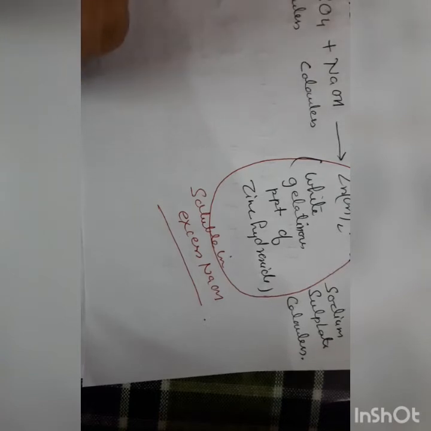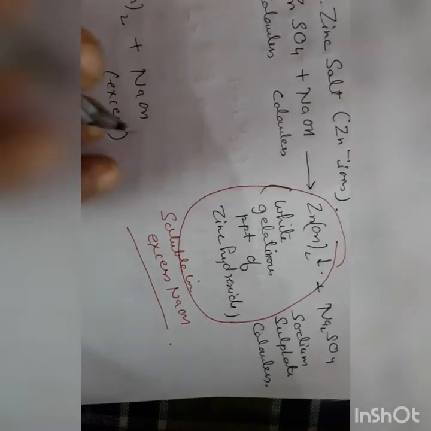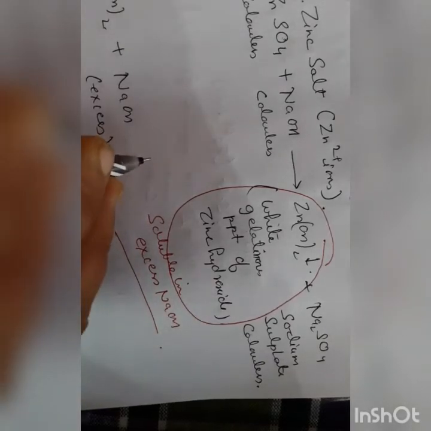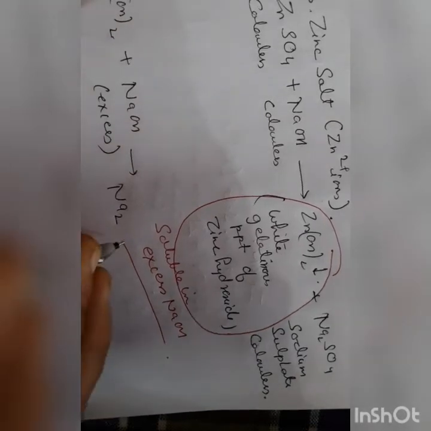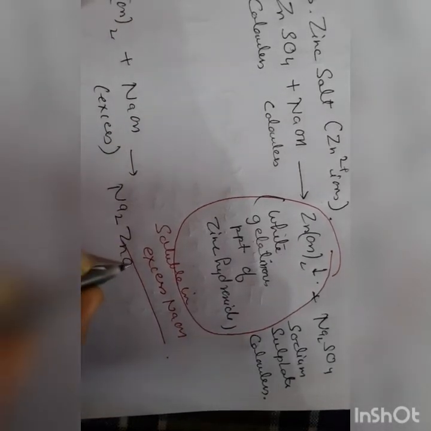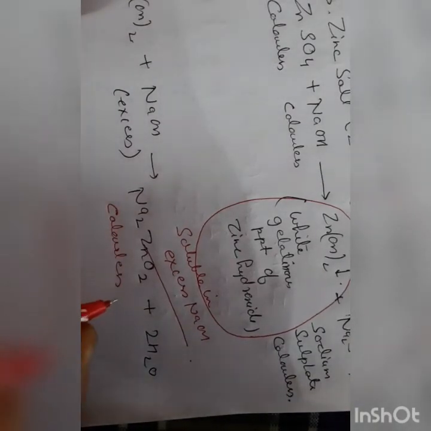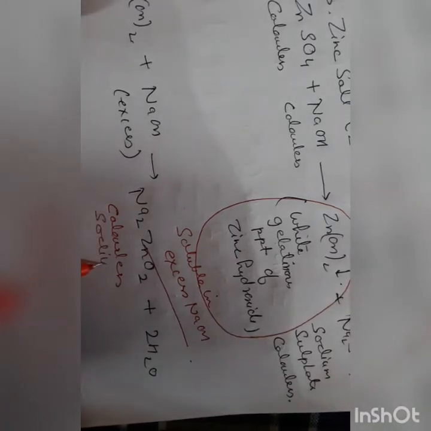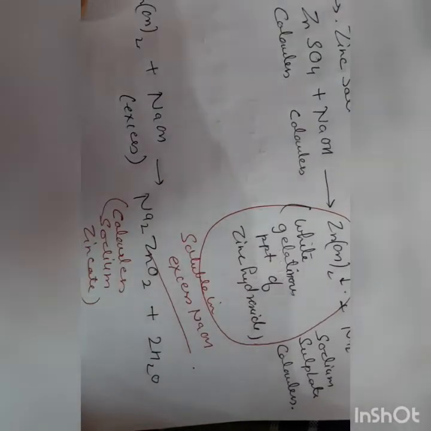Now when we dissolve this zinc hydroxide in excess NaOH, it forms a colorless sodium zincate. Colorless sodium zincate.